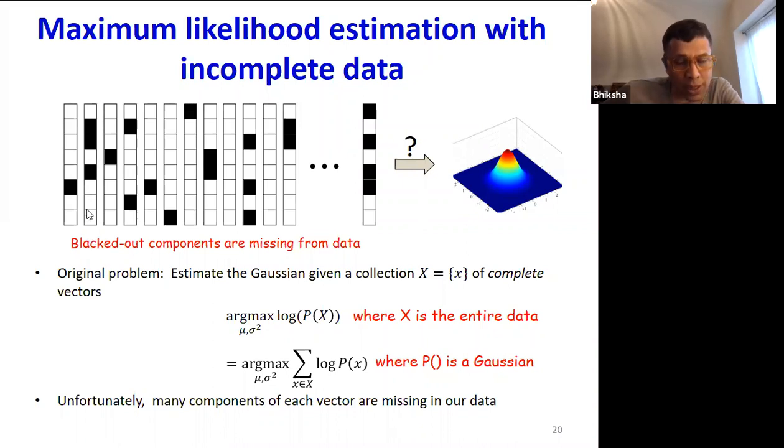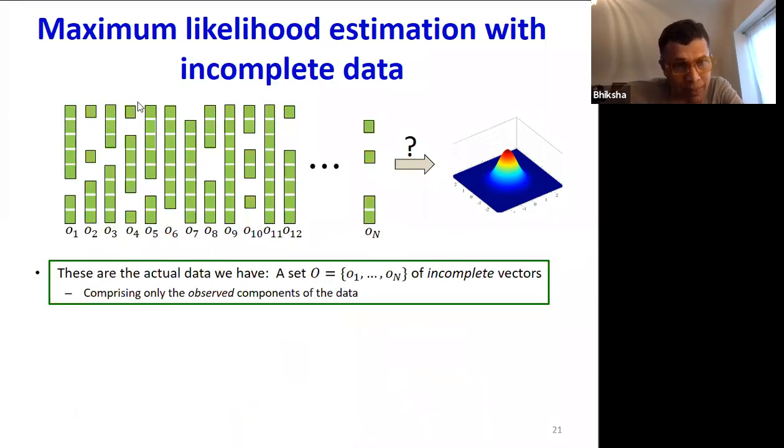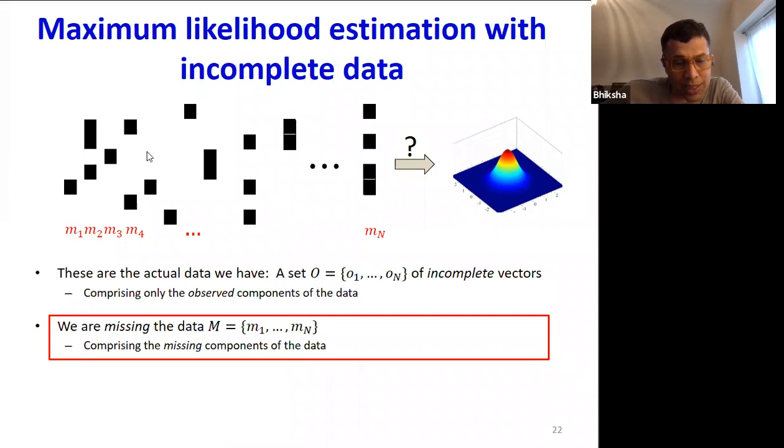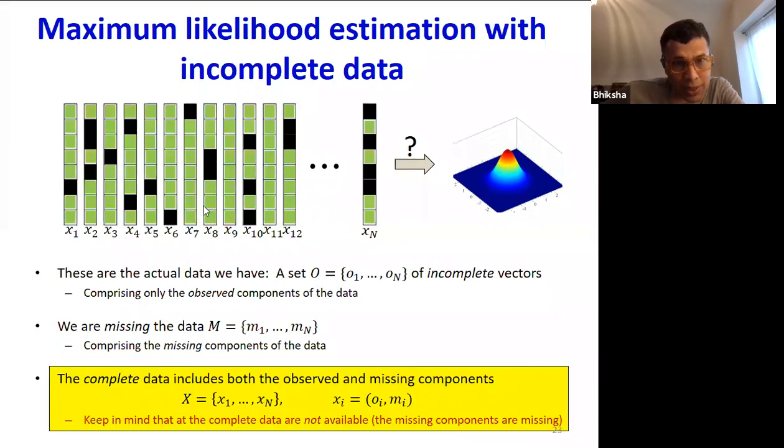You filled in 1,000 numbers, the remaining are all blank, and you have this for millions of people. And from this large collection of incomplete vectors, it learns a Gaussian, and then based on the numbers you do provide, the movies that you do rate, it predicts the ratings of the movies that you didn't see. So once again, you have incomplete data, and all of these things are missing, and you have to learn the Gaussian from these incomplete data.